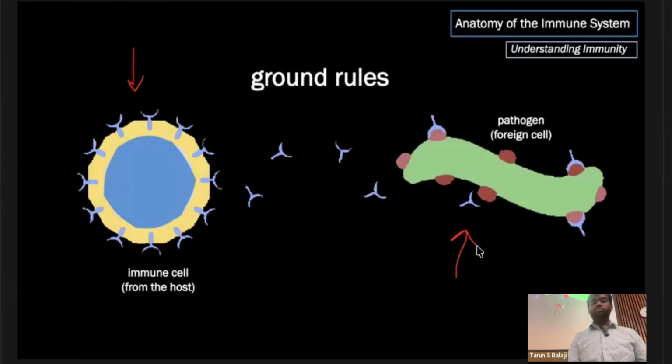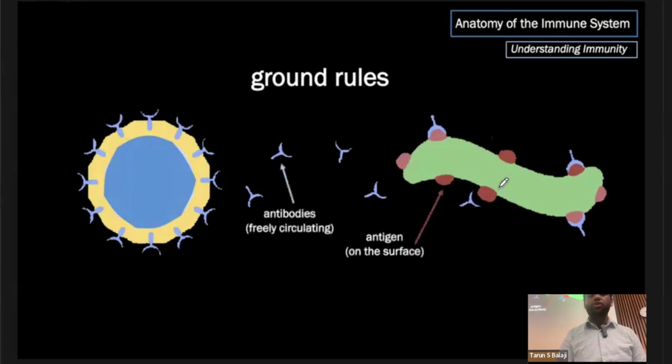And how does it know if a cell is foreign? Well, it's going to look for these tiny little surface proteins, these red dots over here, that are antigens. Your body has a detailed directory of all of its own antigens. So when it encounters an antigen that it doesn't recognize, it's going to launch an immune response.